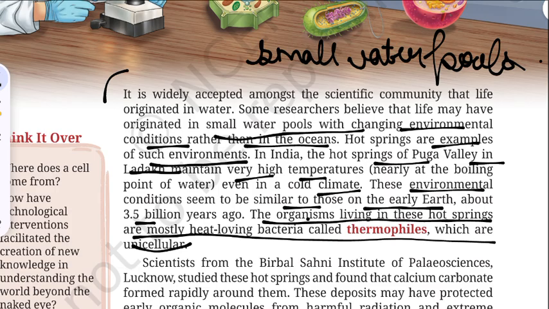So the bacteria which live in these hot springs are heat loving, and that's why they are known as thermophiles. What are they known as? Thermophiles. Please highlight this term: they are known as thermophiles, and they are unicellular. Unicellular means made of one cell, and multicellular means made of many cells.